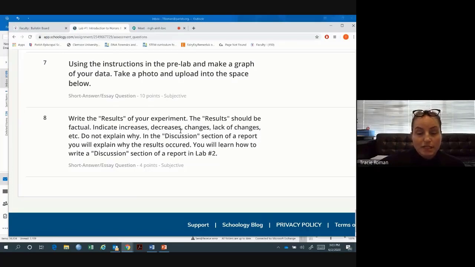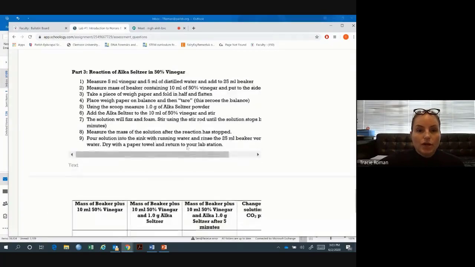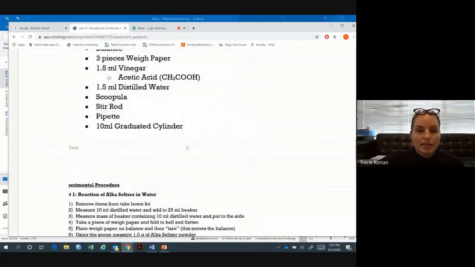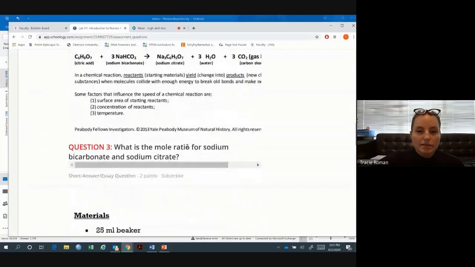So in the results, you will use these terms: increases, decreases, change. And remember, the results are very just factual. And then in the discussion, you will relate the results to the hypothesis. And the hypothesis that we are trying to answer is up in the beginning, okay?